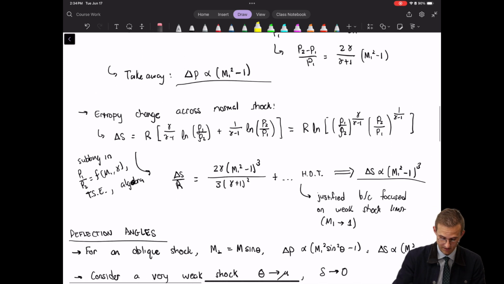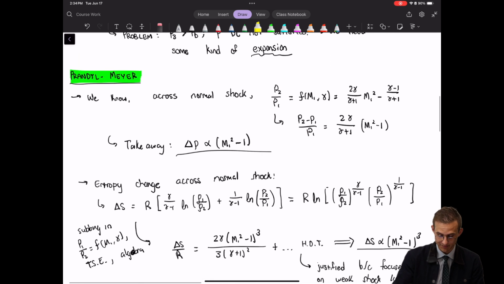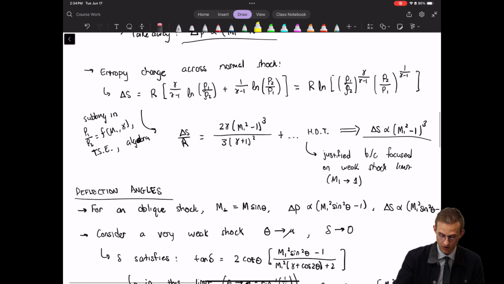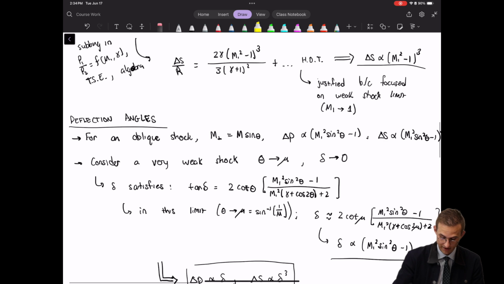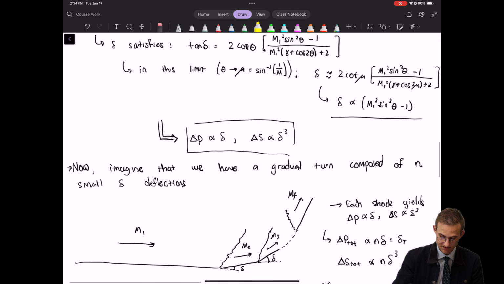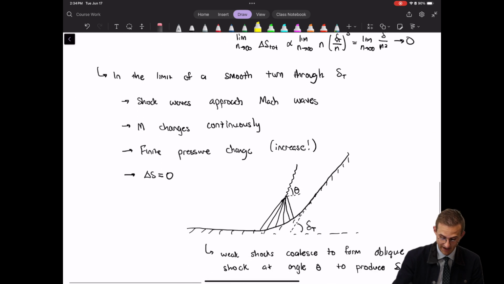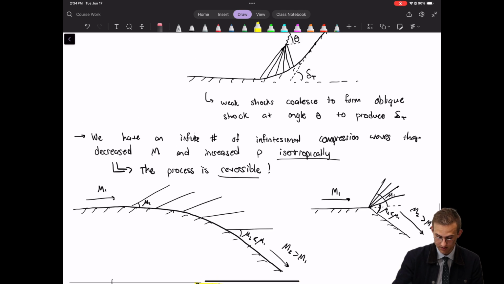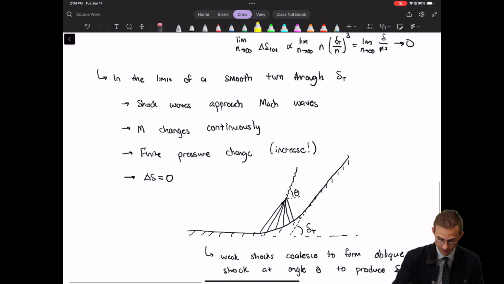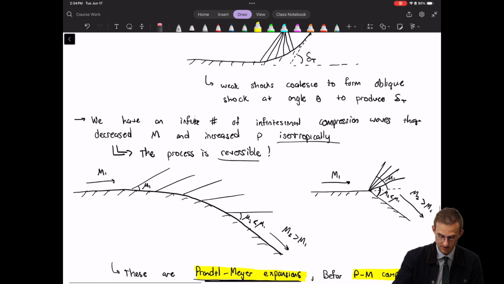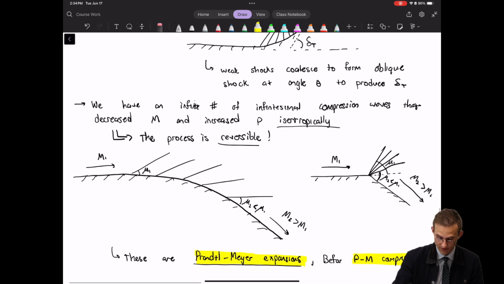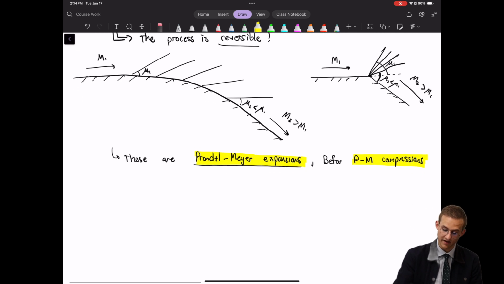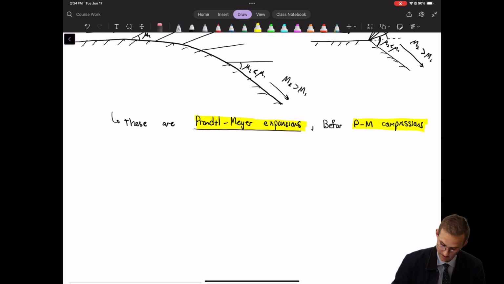And the way that we do that was we needed some sort of expansion mechanism, and so we went and learned about how Meyer and Prandtl worked out an expansion mechanism by constructing an isentropic compression process that must then be reversible, and then we can use that principle to define an expansion process called the Prandtl-Meyer expansion.